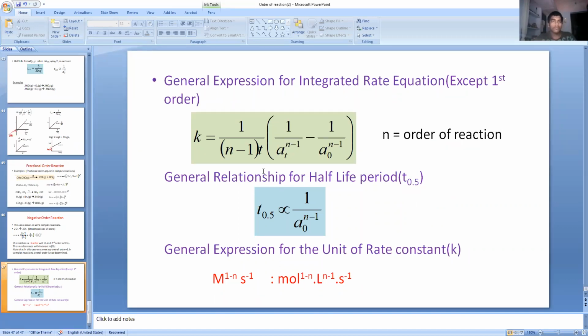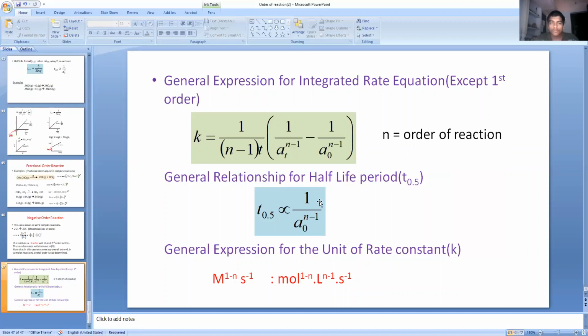n is the order of reaction. And the general expression for half-life period: it is inversely proportional to the (n minus 1) power of the initial concentration. If n is equal to 1, 1 minus 1 is 0, so it becomes constant. So the half-life period is constant. Whether it is 1 to 0.5, 0.5 to 0.25, 0.25 to 0.125, every half-life period is the same as the previous half-life period.